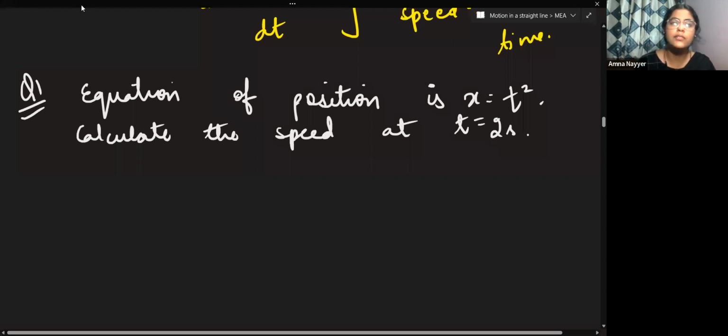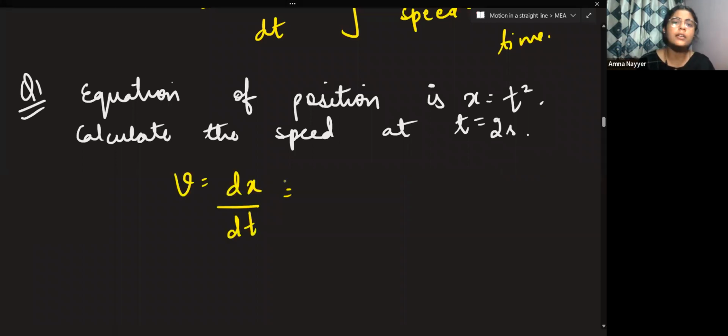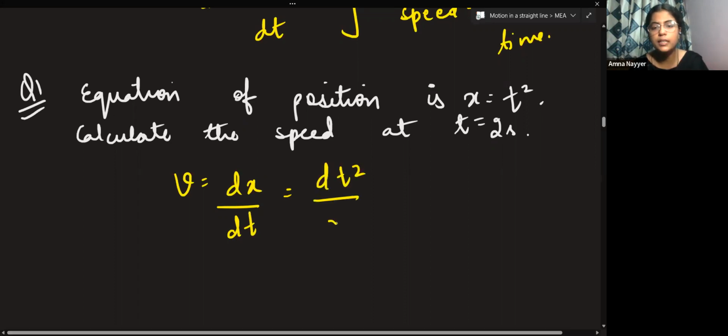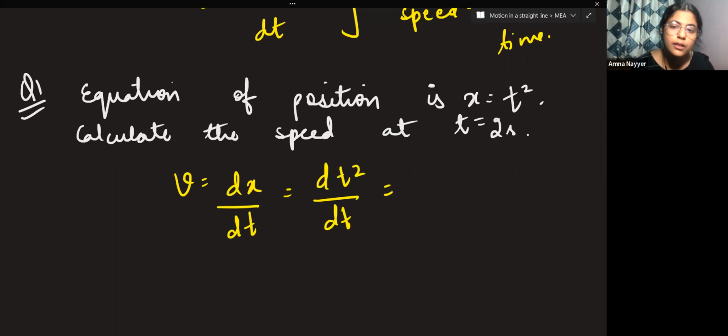So velocity will be what? Velocity is basically differentiating with respect to time. So Aram, can you tell me, x is equal to t squared, what will be the differentiation of it? d t squared over dt, if we differentiate this? t. Only t. Power 2 minus 1. t to the power 2 minus 1, I agree. That becomes t.